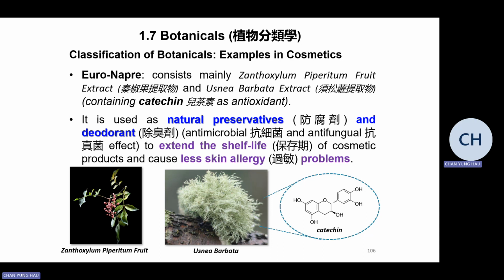Because it is milder and not a chemical preservative, it causes fewer skin allergy problems, especially to sensitive skins. Although it is more expensive than the chemical preservative, if you want a milder preservative that is safe to use, you should choose this Euronapri.